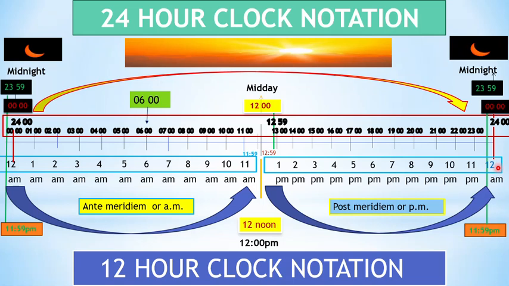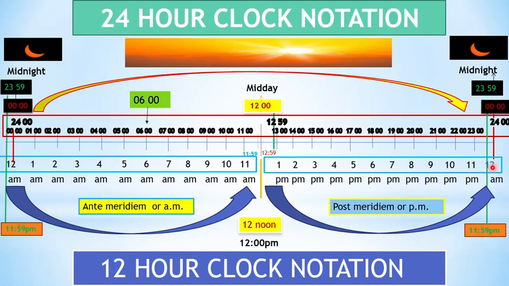Okay, now let's move on to another hour clock system, that is 24-hour clock system. In this system, the day is not divided into two parts, but is a continuous period of 24 hours. Time is written as the number of hours that have passed since midnight, and AM and PM is not written.